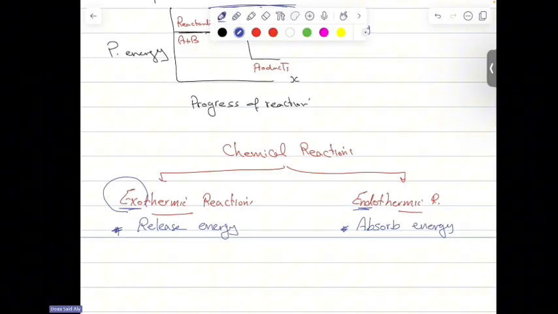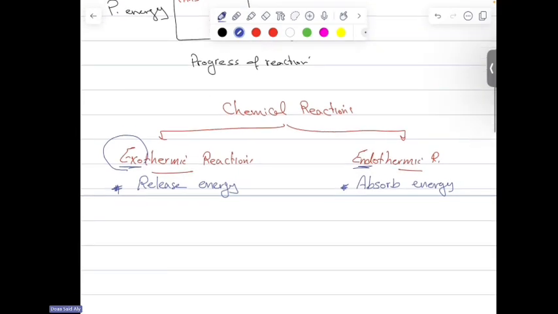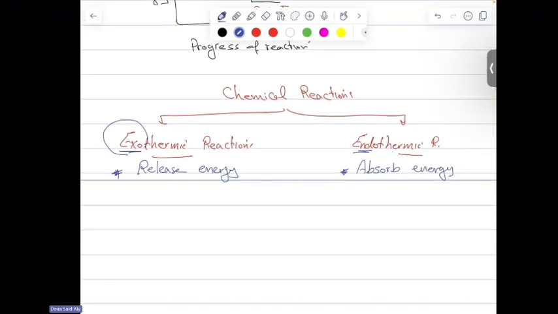You have to differentiate between them using a graph. Let's start with the exothermic chemical reactions. I will use the same graph here, the two axes, x and y. The x-axis represents the progress or the direction of the reaction, and here the potential energy.